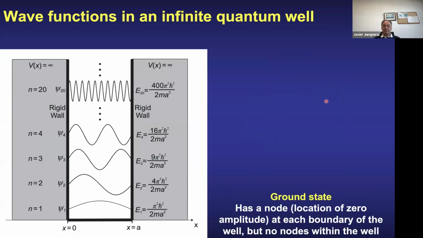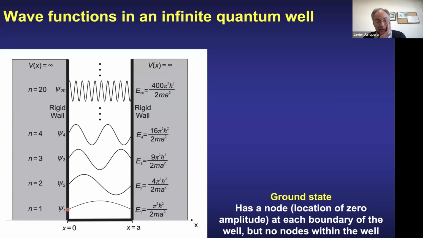So we can take here a graphical interpretation of the different wave functions as a function of the energy. And here we can see how the lowest energy state, that is called the ground state, has a node. And by node, I mean a location of 0 amplitude of the wave function at each boundary of the well.